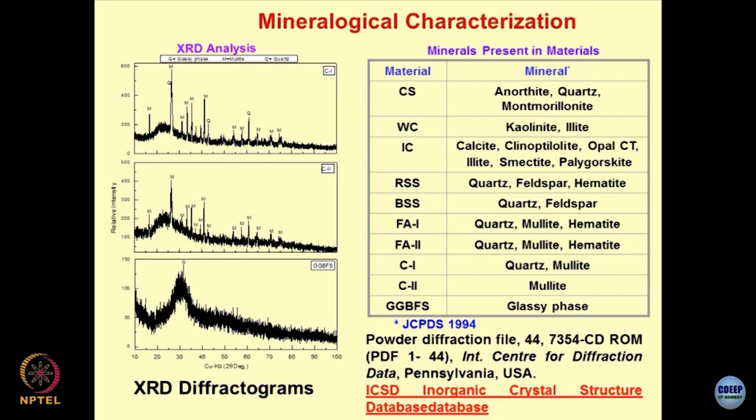This can be utilized as a cement. The more peaks you have, the more crystallinity, a very stable system. So, as a geotechnical engineer, I would like to utilize soils which are crystalline in nature, not amorphous. This is the amorphous nature, this is the crystalline nature, clear.